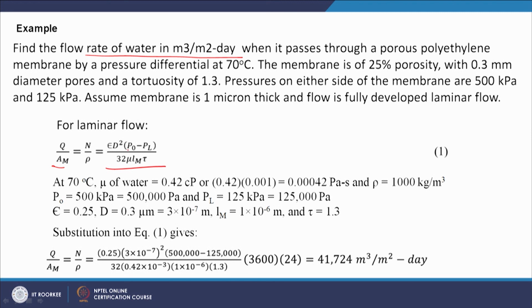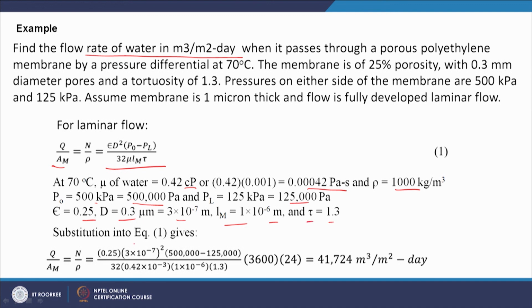So, the values are given: at 70 degrees, mu of water is given in centipoise, or this equals Pascal second, and rho is equal to this, and Po is equal to 500 kilopascal, so 5 lakh Pascal, and PL is 125 kilopascal, so 1 lakh 25,000 Pascal, and E is equal to 0.25, d equal to 0.3 micrometer, so 3 into 10 to the minus 7 meter, Lm equal to 1 into 10 to the minus 6 meter, that is 1 micron, and tau is equal to 1.3.